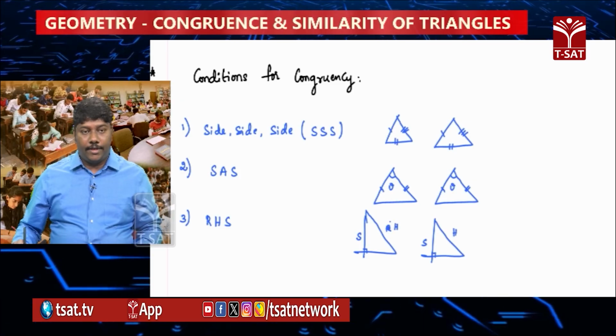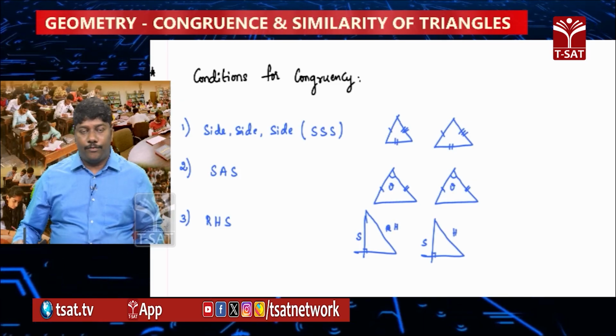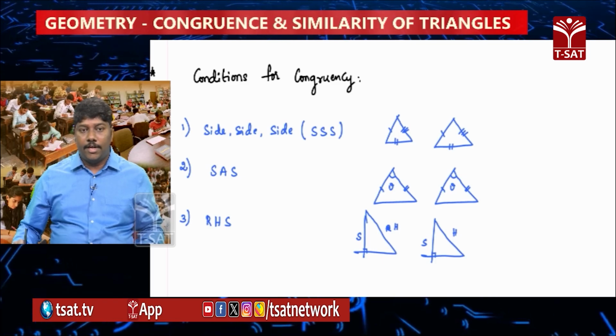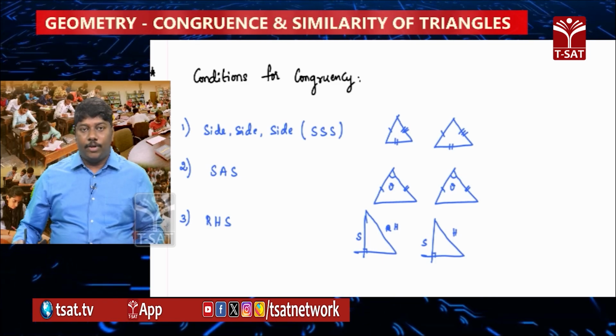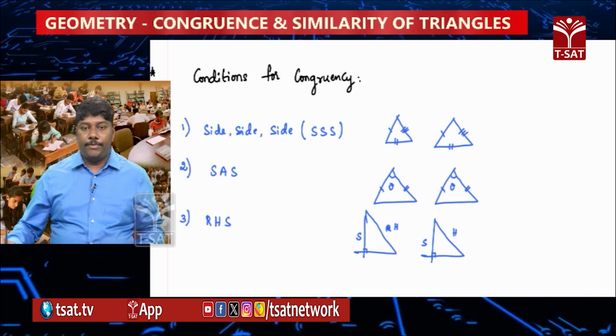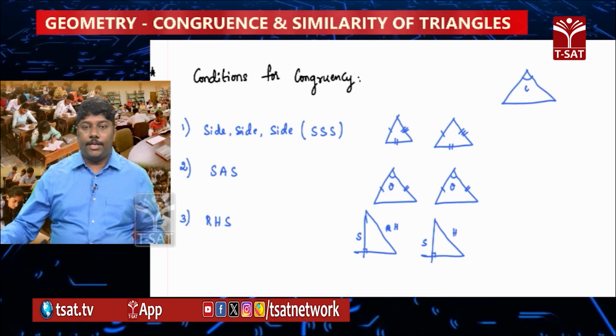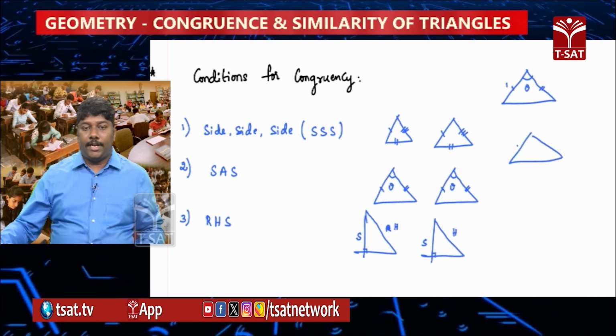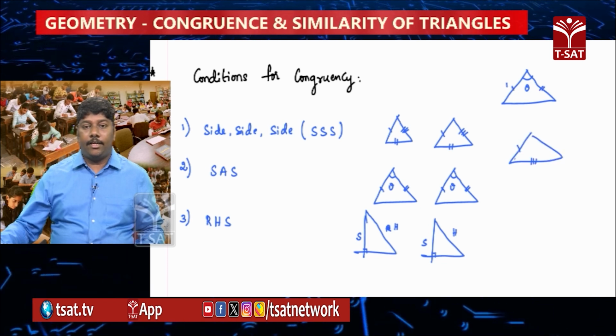So, out of these three, the first one: all three sides of one triangle are equal to all three sides of another triangle, then they are congruent. The second one, two sides and their respective angle should be equal. Suppose this angle is theta, side 1, side 2. Another one, side 1, side 3, angle between them is theta.